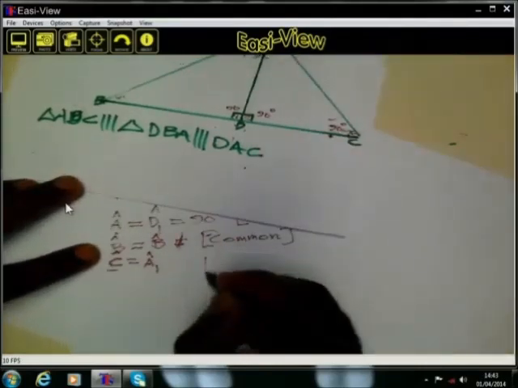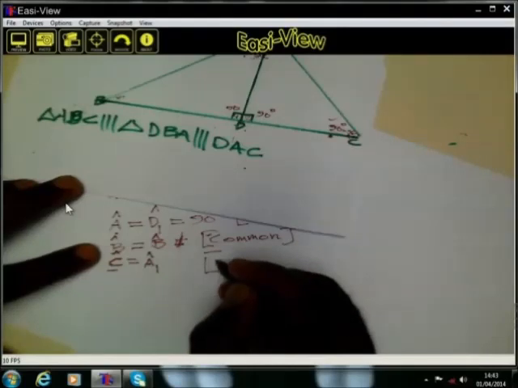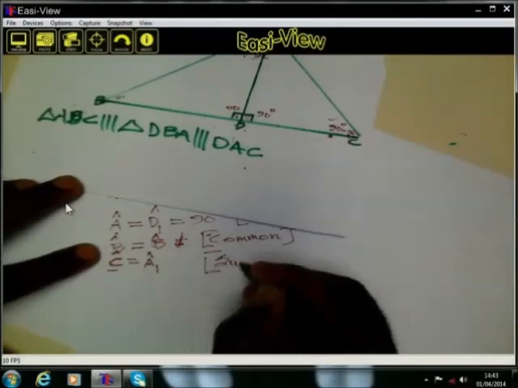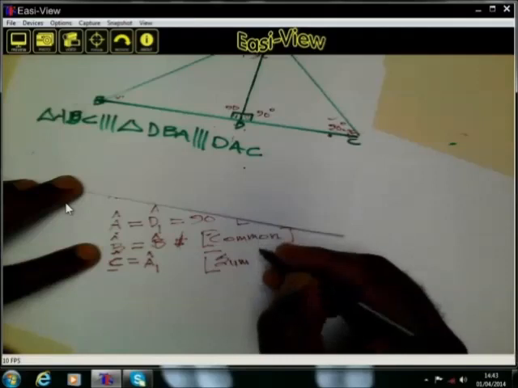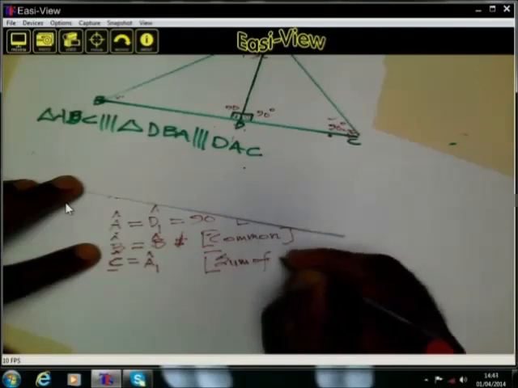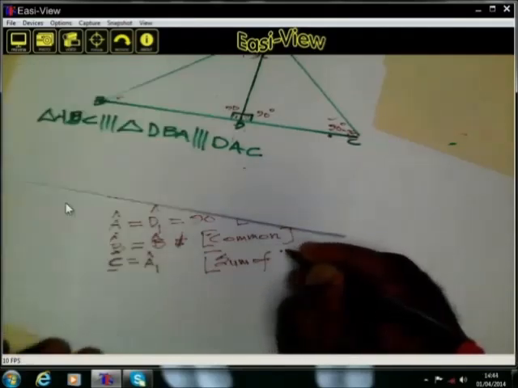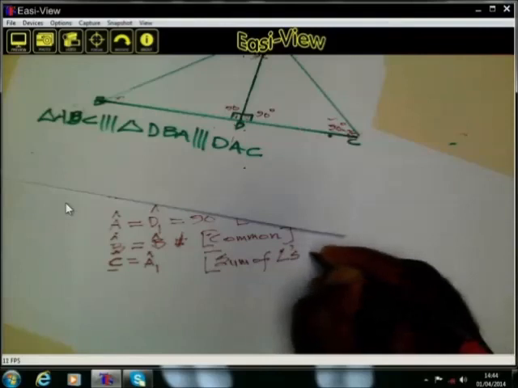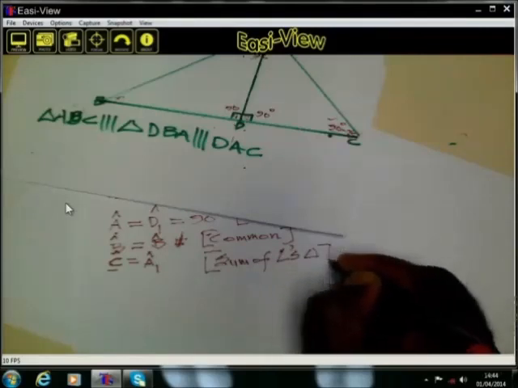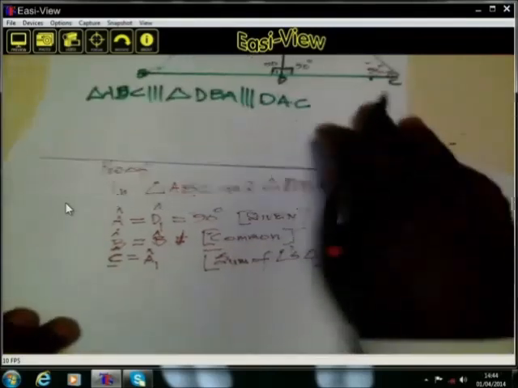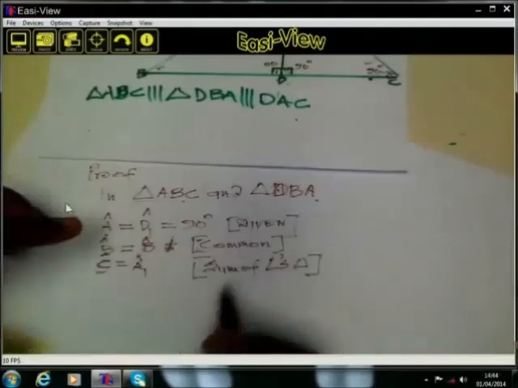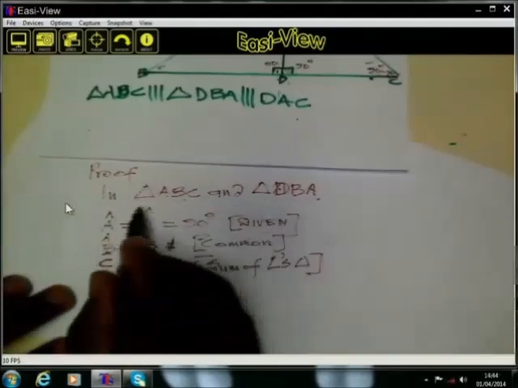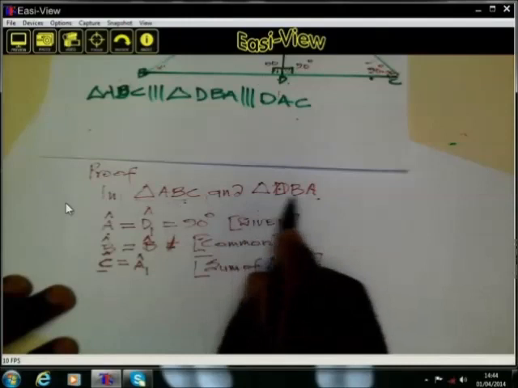The reason for that is the sum of angles of a triangle. Remember, we say the sum of angles of a triangle must always give you 180. That is the reason behind. That was the proof between triangle ABC and triangle DBA.